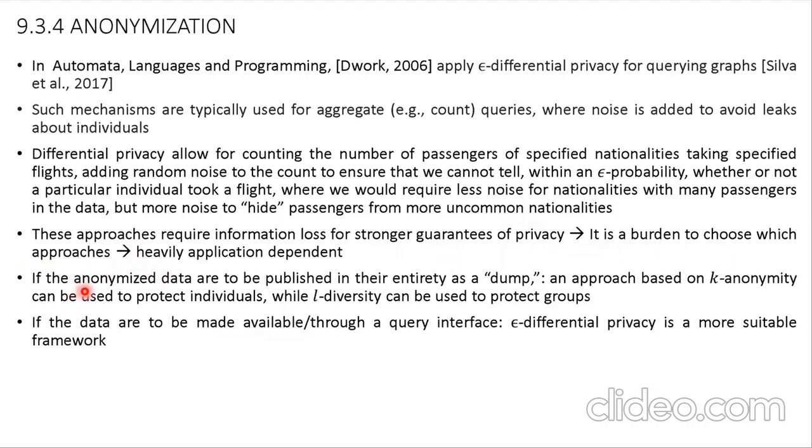If the anonymized data are to be published in their entirety, an approach based on k-anonymity can be used to protect individuals, while l-diversity can be used to protect the data of groups. And if the data are made available through a query interface, epsilon-differential privacy is a suitable framework to apply. And this is the end of Section 9.3.